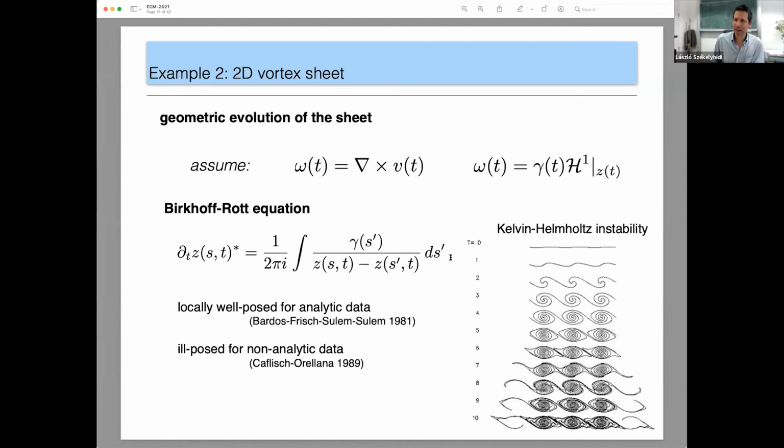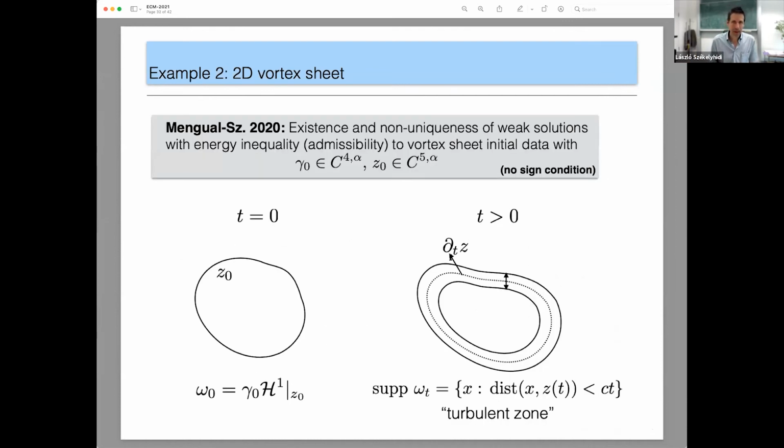On the other hand, this strategy doesn't give you an existence like Delort's strategy. On the other hand, it gives you geometric information on what is going on. So in a recent work with Fran Mengual from Madrid, we were able to somehow combine the two approaches with convex integration.